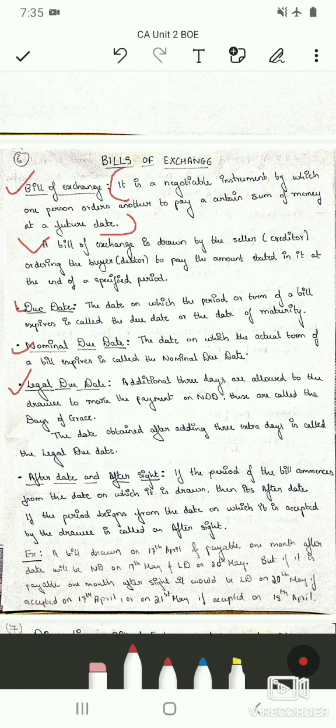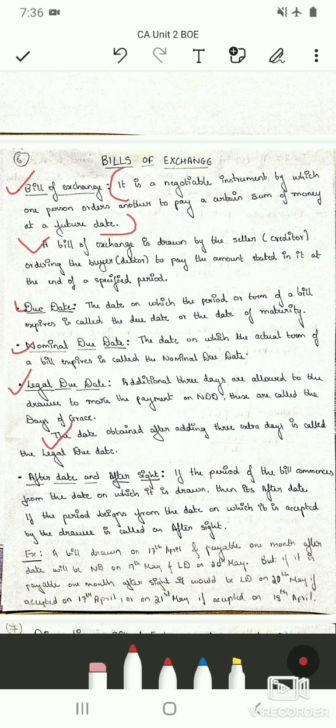Nominal due date is the date on which the actual term of a bill expires, and for legal due date an additional 3 days are allowed on the nominal due date for the buyer to make the payment, and these additional 3 days are called days of grace. The date obtained after adding 3 extra days is called the legal due date.